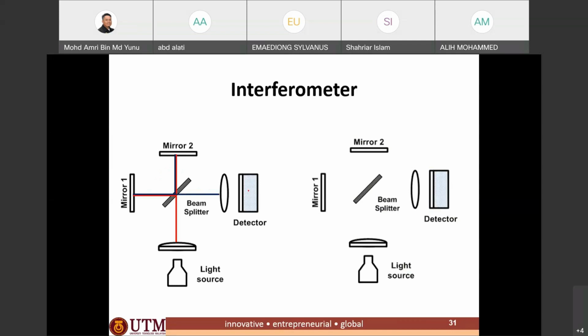When the distances are the same, it is used as the reference. But when one of the mirrors is displaced, let's say to the left, the detector will sense a different pattern or response.